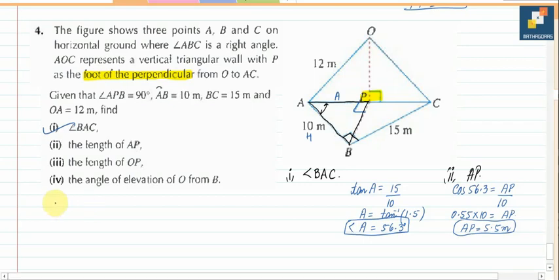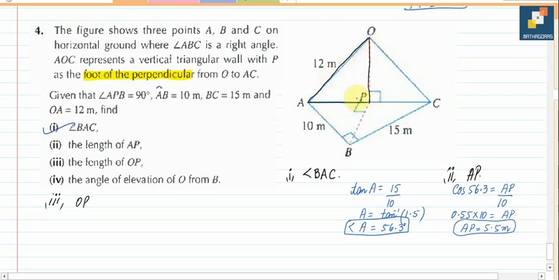After that, part 3, the length of OP. Now I'm going to rub the other parts and you need to find the length of O till P. So we have the value of AP, right? So I'm going to consider the triangle OAP.